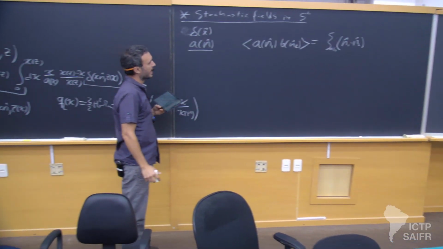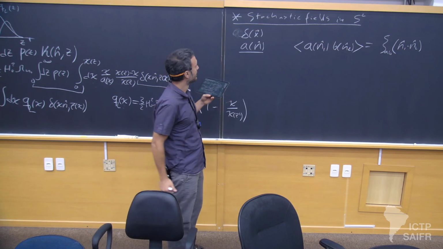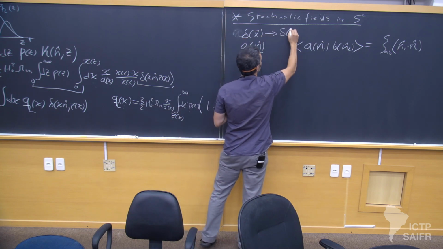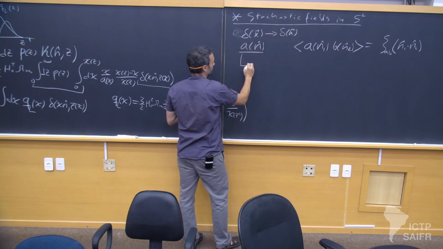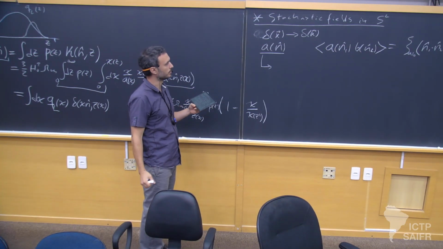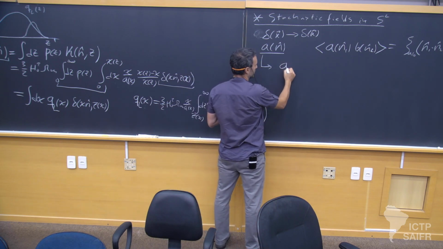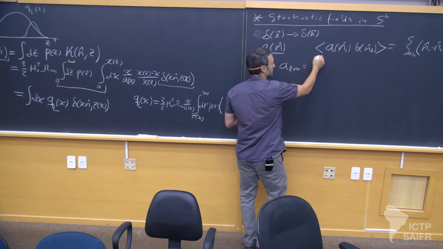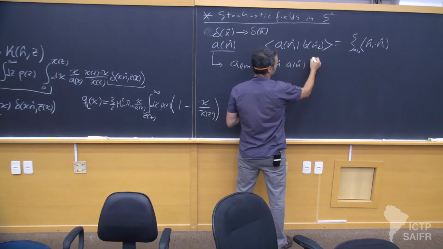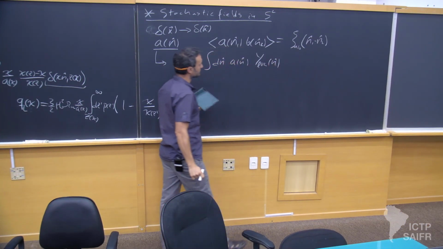All right. And another thing that we saw was a nice thing to do for fields defined in 3D is to take their Fourier transform, right? For fields defined on the sphere, Manu already told us the sensible transformation to do here is the spherical harmonic transform. So we define the spherical harmonic coefficients ALM as being the integral over the whole sphere of A of n times the spherical harmonic YLM of n, complex conjugate.